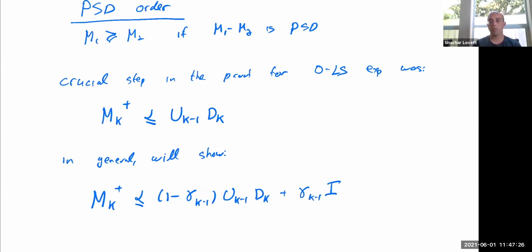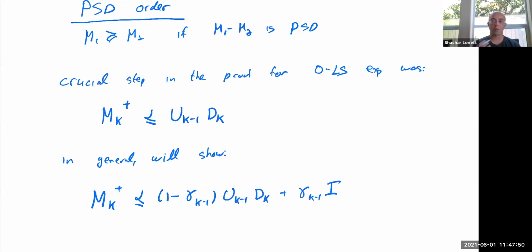So the general result of the proof said, take the maximal lambda 2 of a link at level k minus 1, this is gamma_{k-1}, so we can bound the non-lazy upper walk at level k by a convex combination of two things. One is the lower walk at level k, and the other one is just identity.